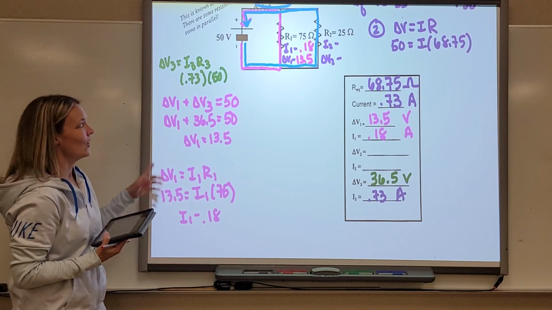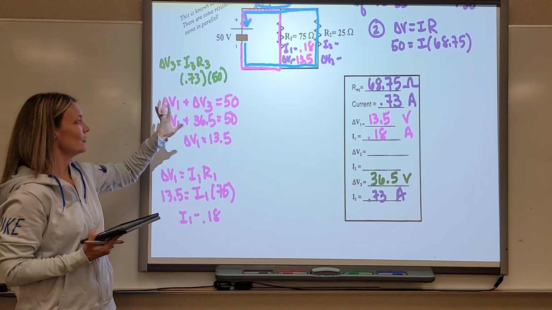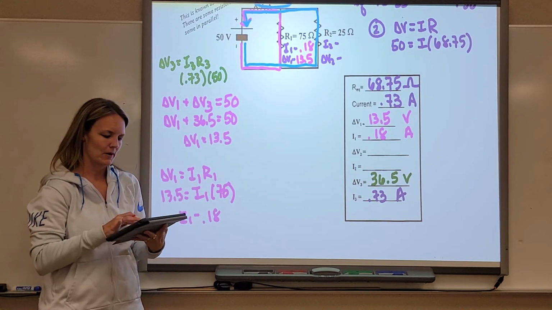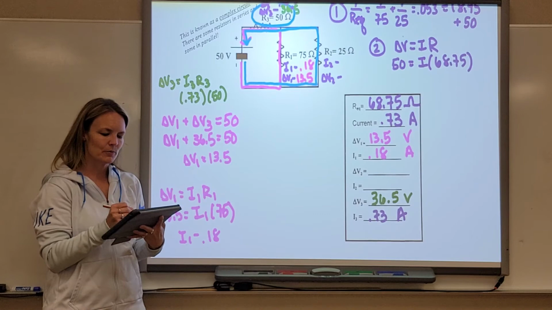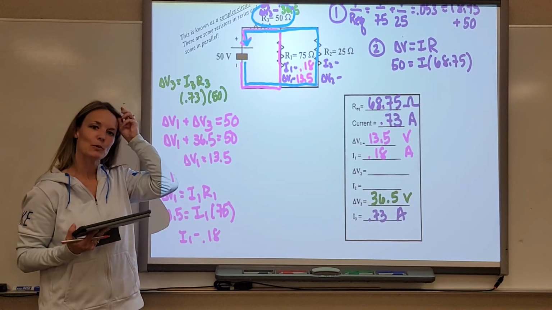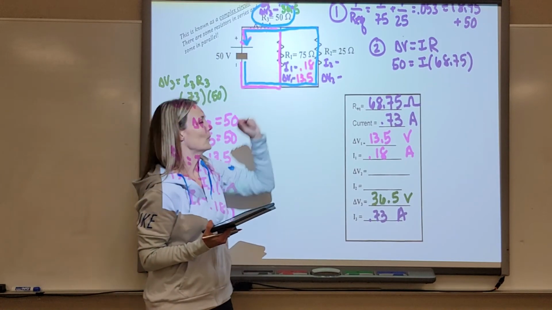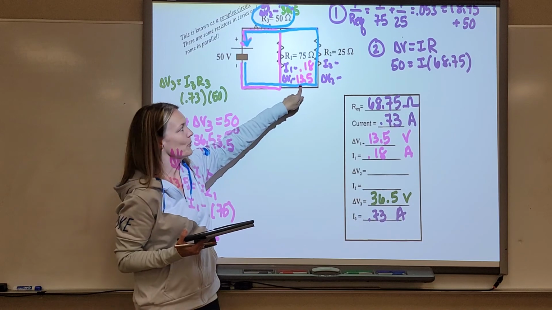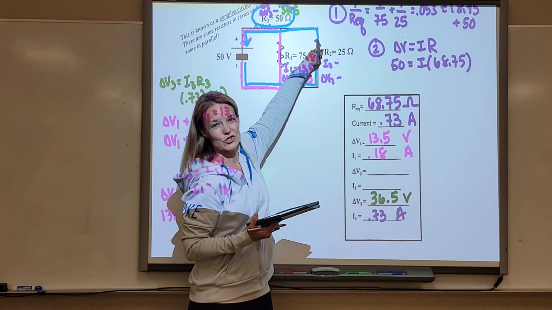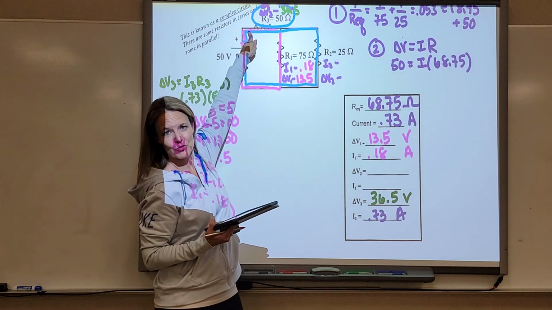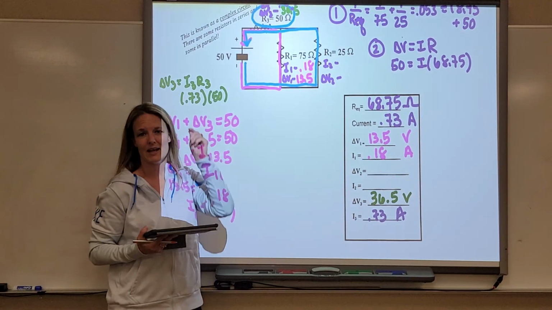All right, so in any loop, the voltages have to add up to the total voltage of the battery. I'm going to switch to the blue loop. Now we just have to repeat this process for the blue loop. As I go through the blue path, I go through resistor 2, it comes back up here, goes through resistor 3, and then back to the beginning.